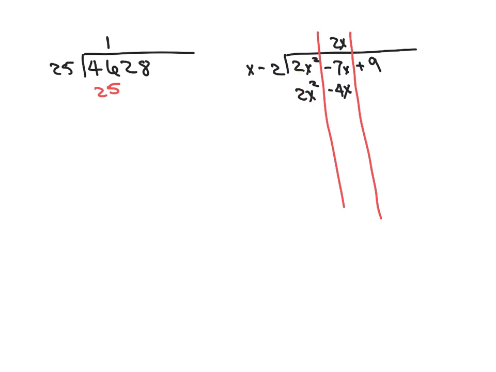Okay, let's go back to the number here. Then you draw a line, minus. Then you subtract. 6 minus 5 is 1. 4 minus 2 is 2. Okay? Do the same thing over here. -7 minus -4 is the same as -7 plus 4.